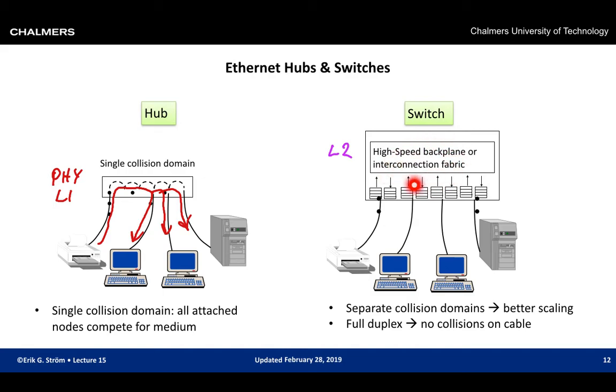It's buffered in here, and then the destination address is inspected, and then the packet goes out on the LAN where the destination is. So it doesn't go out on the other branches, as opposed to the hub. Okay, so which one do you think is the best?